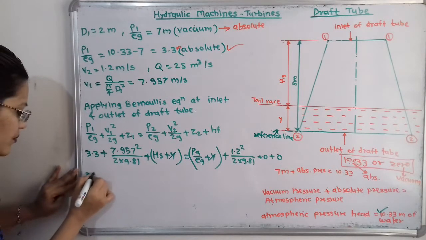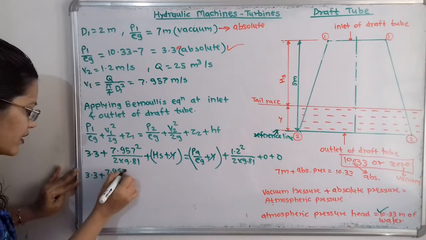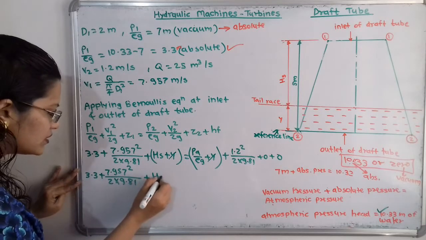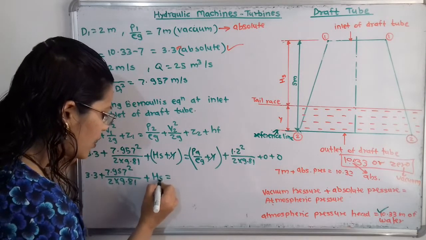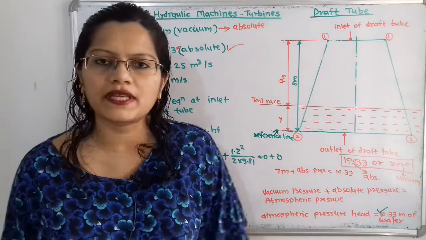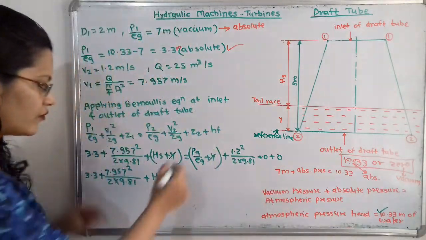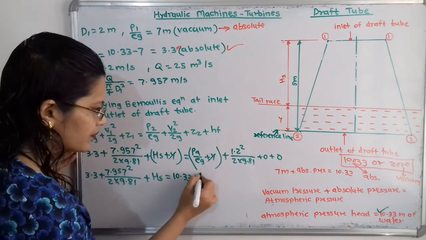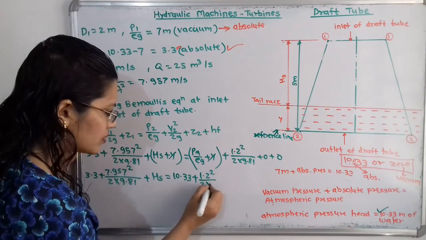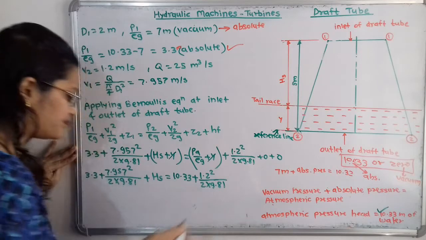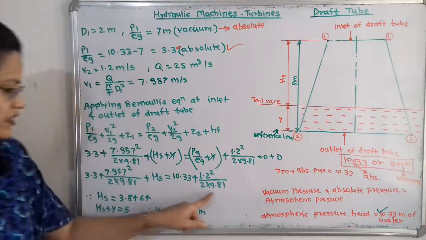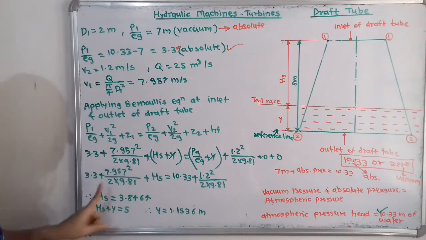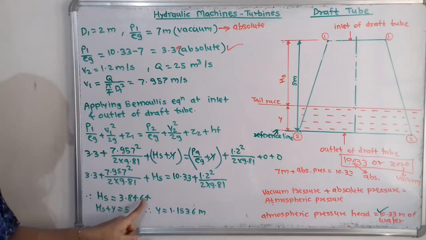So I will write 3.3 plus 7.957 square divided by 2 into 9.81 plus HS, which is equal to, as it is mentioned that we have to take atmospheric pressure head as 10.33 meter of water, 10.33 plus 1.2 square by 2 into 9.81. Now if we observe this equation, there is only one unknown term, that is HS, and we will solve this, or we can find that HS is equal to 3.8464 meter.